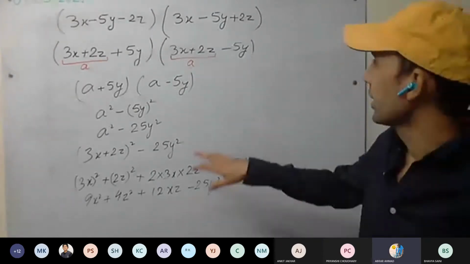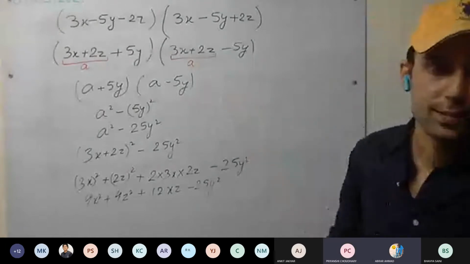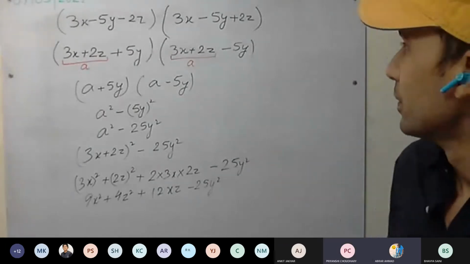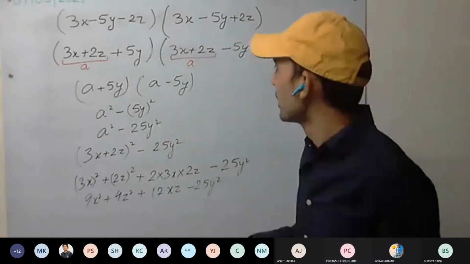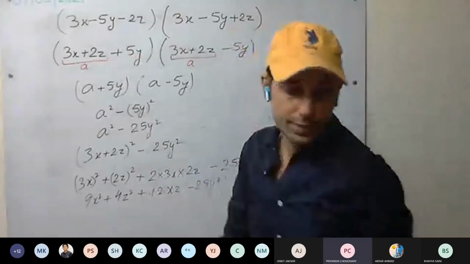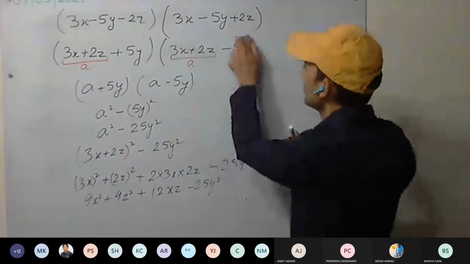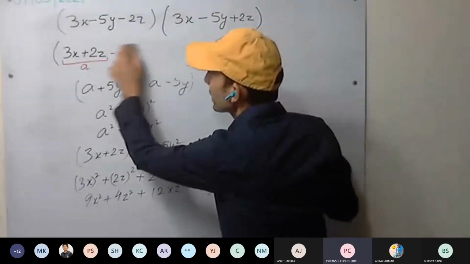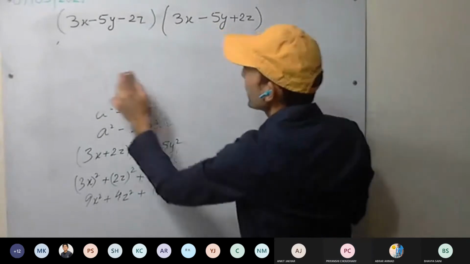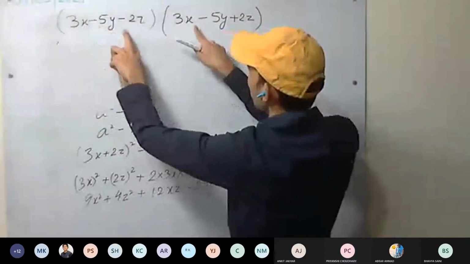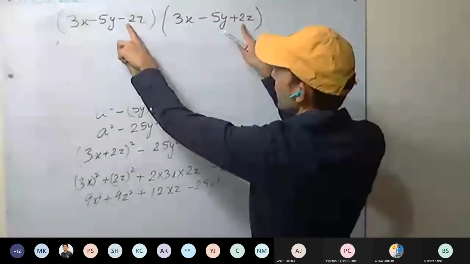Yes, what are we going to take? 3x minus 5y. You can see 3x minus 5y minus 2z, plus 2z.